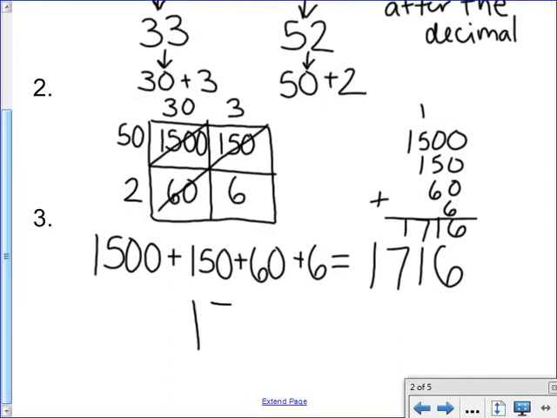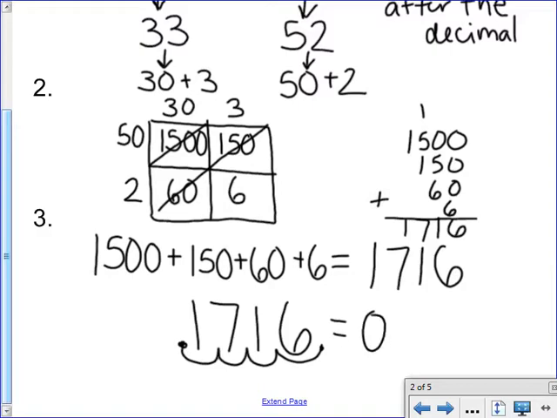So I'll rewrite 1,716, plug in that imaginary decimal, 1, 2, 3, 4, and that gives me an answer of 0.1716. So when you rewrite an answer like that starts with a decimal, it's always good to plug in the 0 at the beginning.